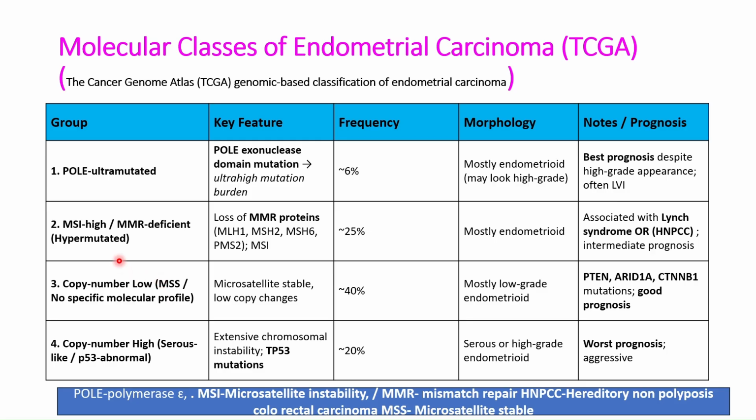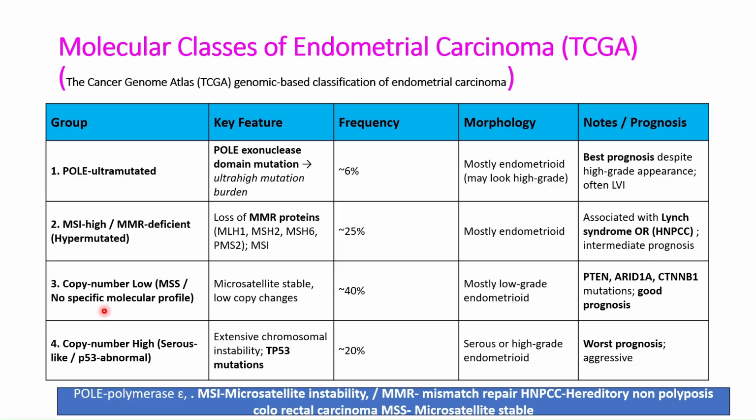The second group is microsatellite instability and/or mismatch repair deficient, where there is loss of mismatch repair proteins, which are MLH1, MSH2, MSH6, and PMS2, and microsatellite instability is present. These are 25% of cases, mostly endometrioid type and associated with Lynch syndrome or hereditary non-polyposis colorectal carcinoma.